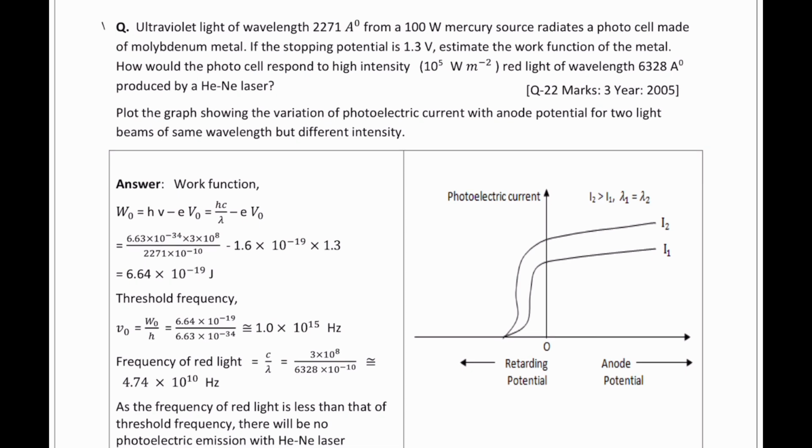We have ultraviolet light of wavelength 2271 angstrom from a 100 watt mercury source which radiates a photocell made of molybdenum metal. Now if the stopping potential is 1.3 volt, estimate the work function of the metal.